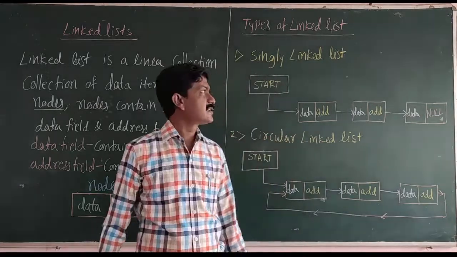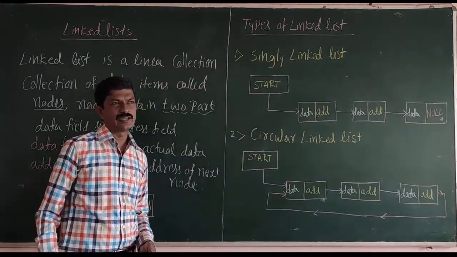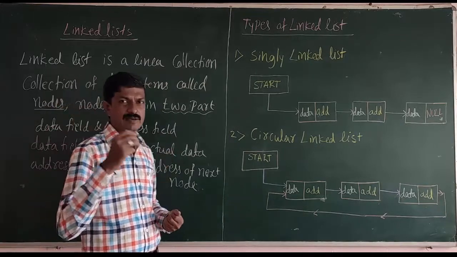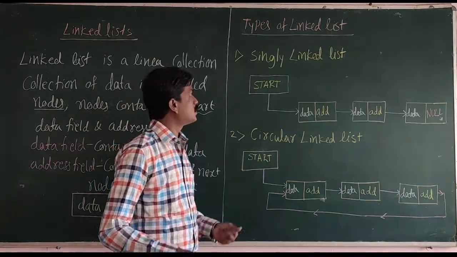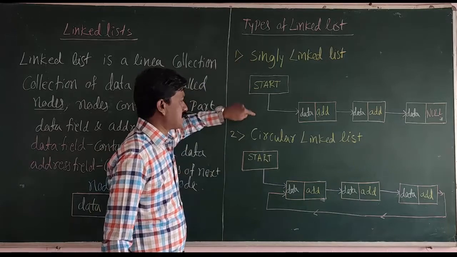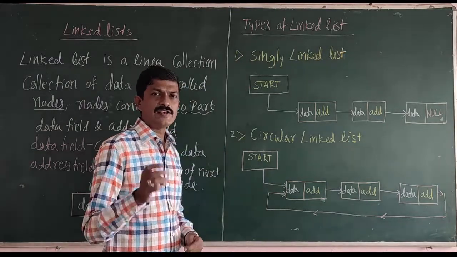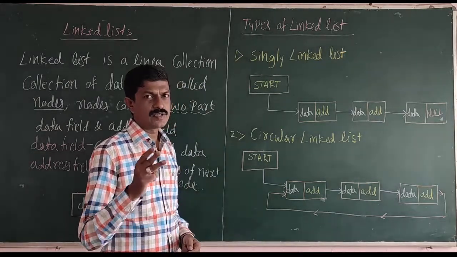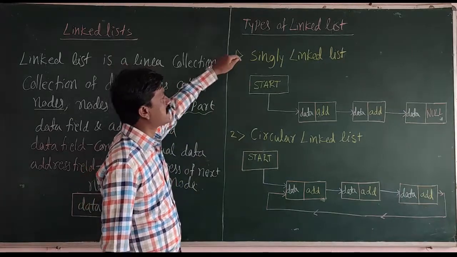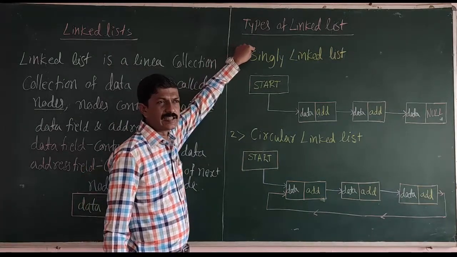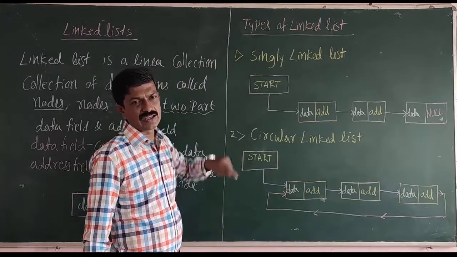Now we are going to discuss types of linked lists. There are three different types of linked lists: singly linked list, circular linked list, and doubly linked list. First we are going to discuss the singly linked list. What do we mean by singly linked list?